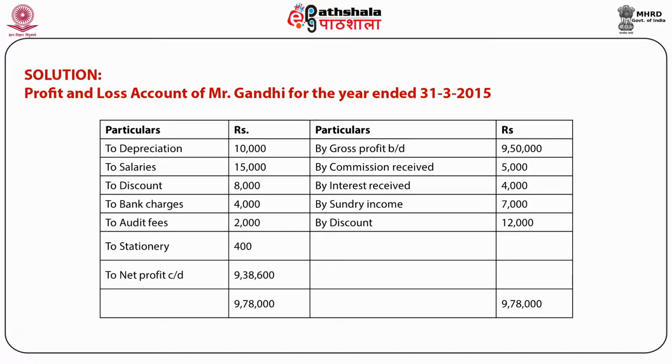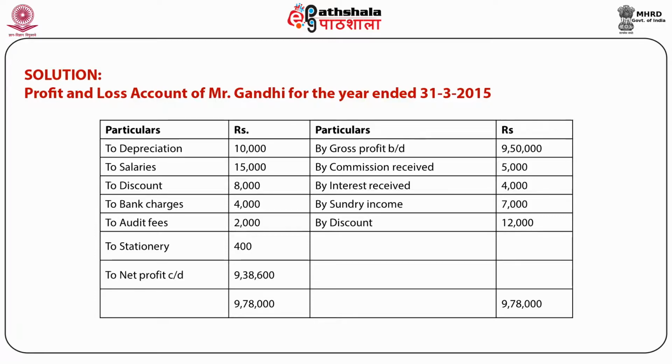And in this example, the credit side is more than the debit side, which indicates that the firm is earning net profits, because its income side is more than its expenses side.